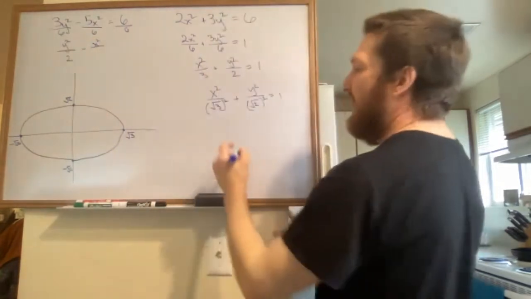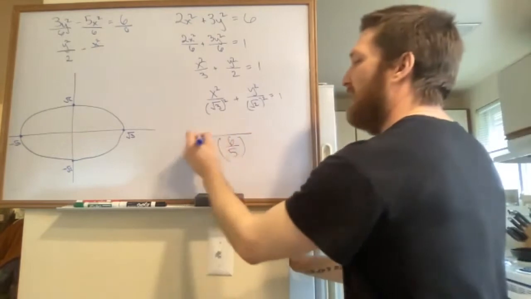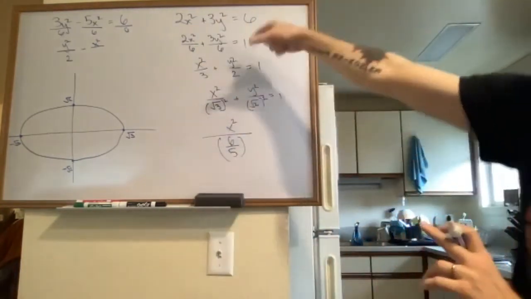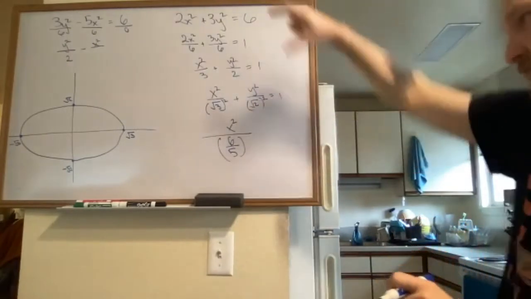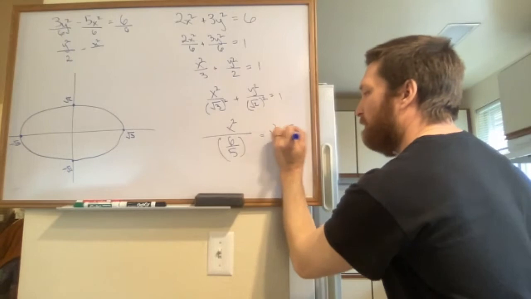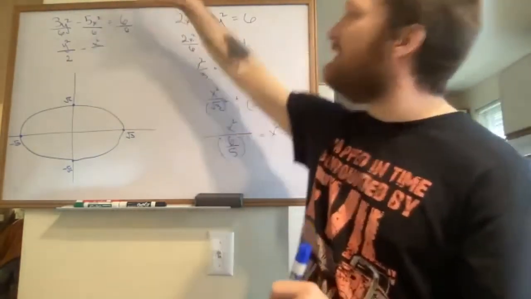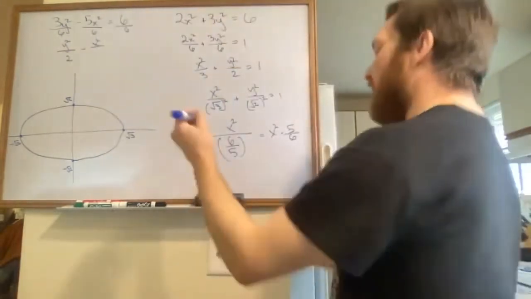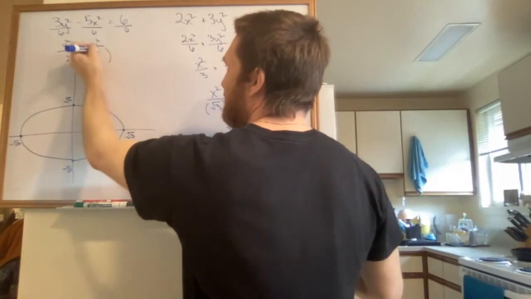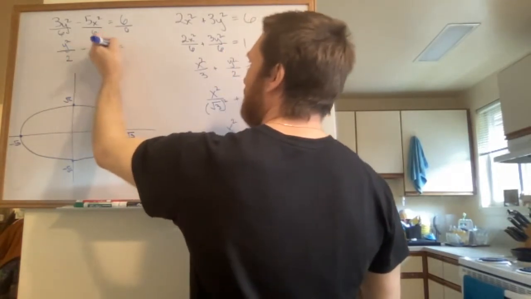And why don't I write that as over 6/5? That should work, because now I'm double checking in my head. If I write that as 6/5, I'll have x squared over 6/5, which is the same thing as x squared times 5/6. So yeah, okay, I feel good about that. I'm going to go ahead and write him as over 6/5, like that, equals 1.